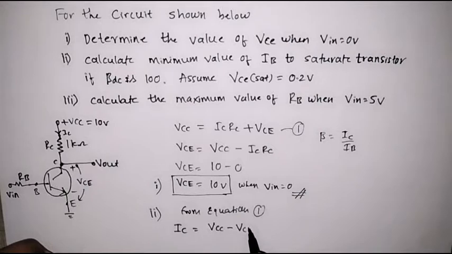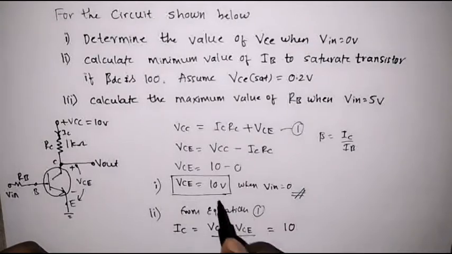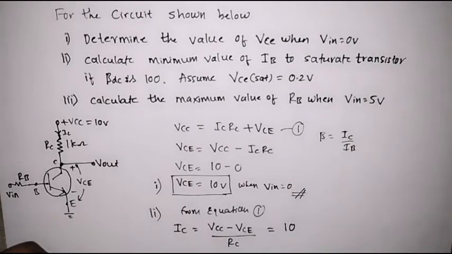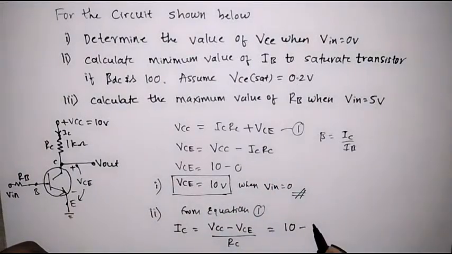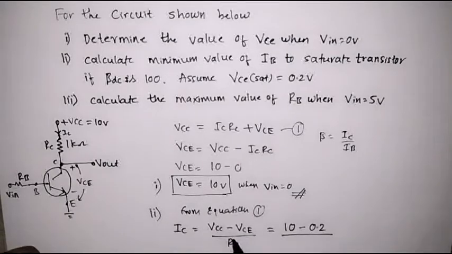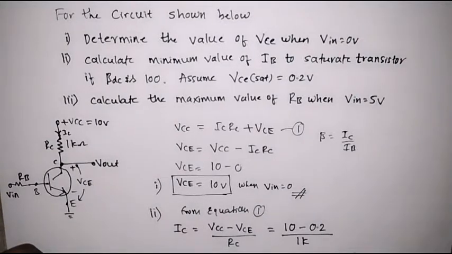Here the VCC value is 10 and the VCE saturation value he has given, that is 0.2 volts. So IC is VCC minus VCE saturation divided by RC. RC is the collector resistance value, that is 1 kilo ohm.